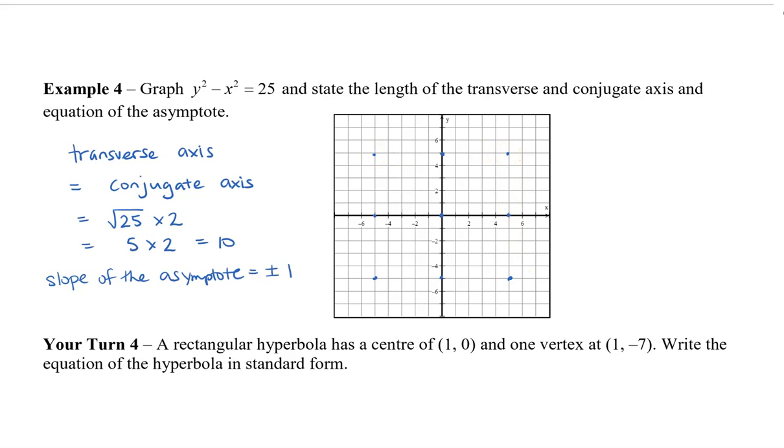So draw in your asymptotes first. And then because y squared is the leading term, we have our hyperbola opening up and down.